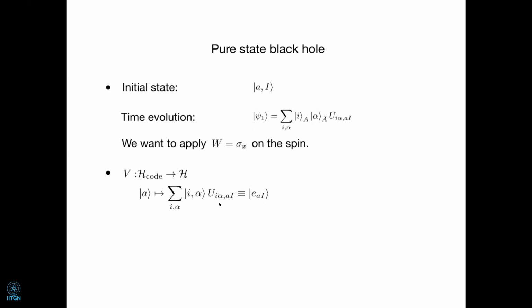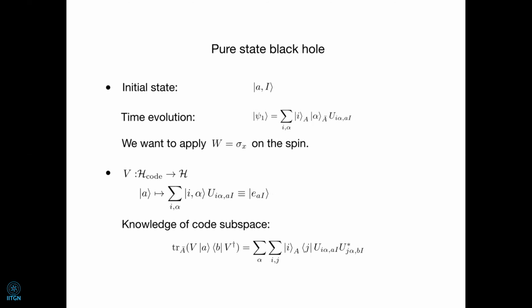And later, I will call the image of this code subspace in the boundary CFT Hilbert space E of A, I, where A labels a spin state and I labels the initial state of the black hole. This is one state in the boundary Hilbert space. And we have some knowledge of the code subspace after we trace out the A bar.